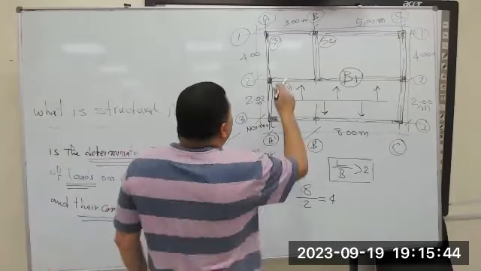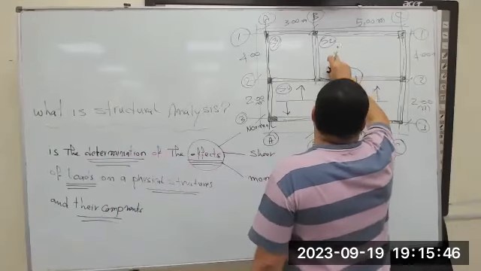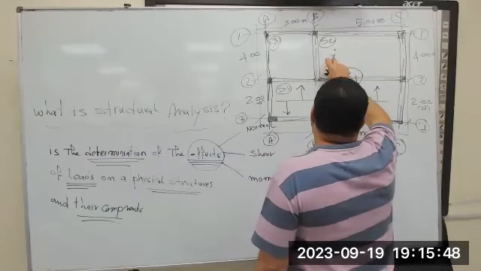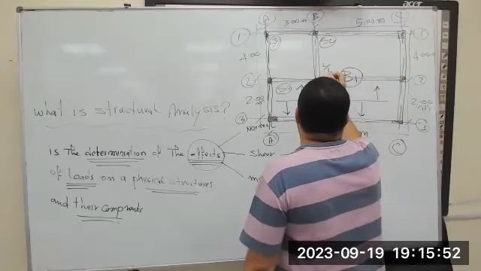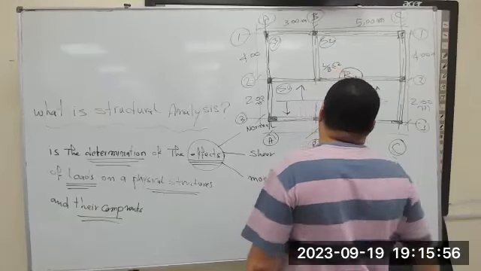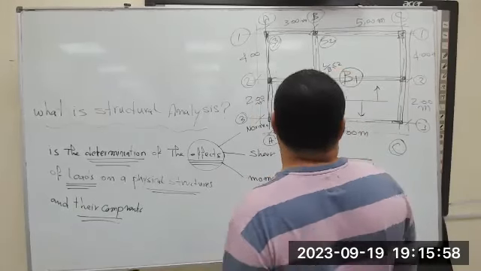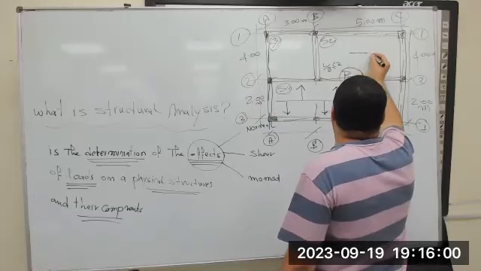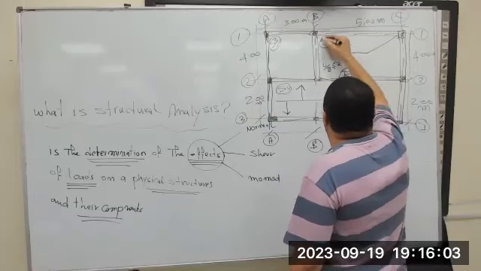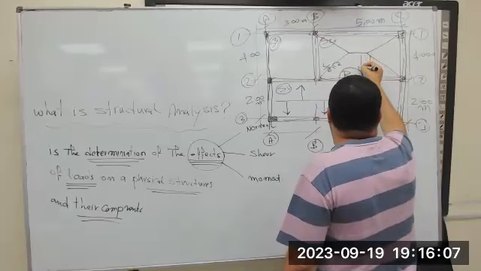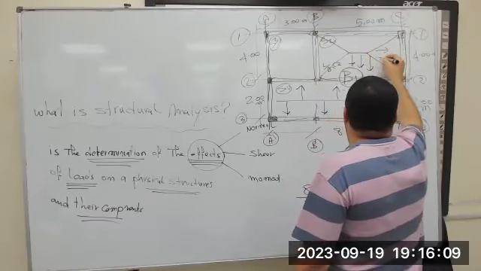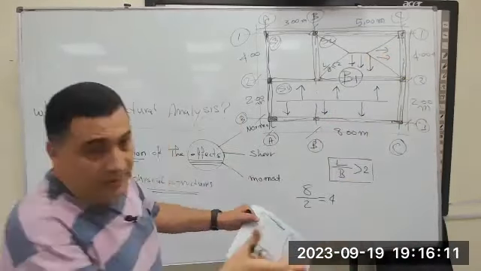And then this slab S2. Why 2 way? Because L over B is less than or equal to 2. Less than or equal to. That means this way is in 2 way direction. 2 ways, huh?